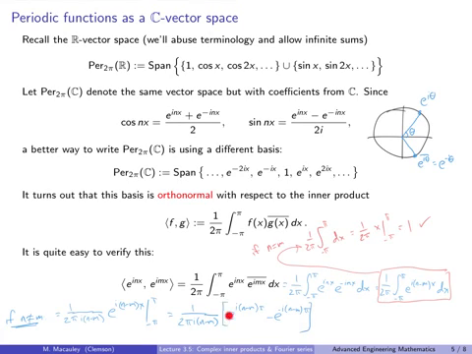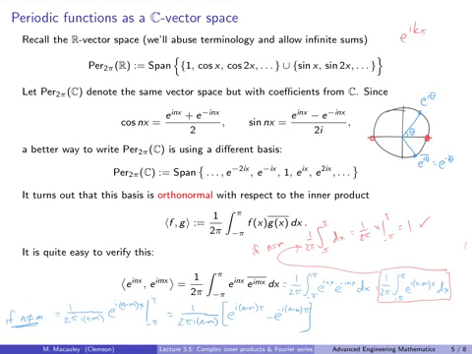Now, I claim that this is equal to 0. Let's think about why that is. Okay, e to the I times n minus m, this is an integer. So what is e to the I k pi if k is an integer? Remember, if k is an even integer, then we're right here. This is 0 radians, 2 pi radians, 4 pi radians, 6 pi radians.